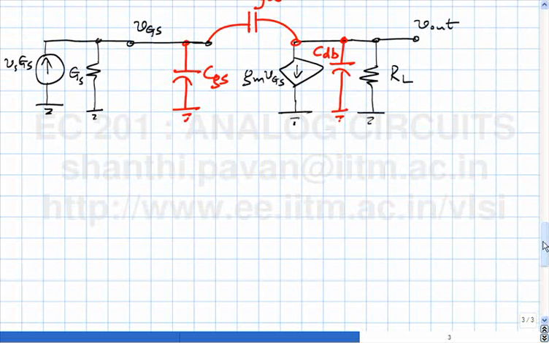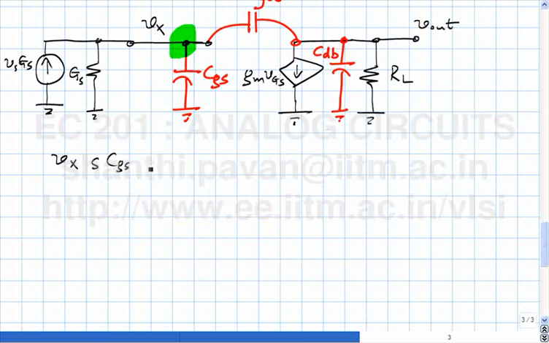We write Kirchhoff's current law at this node first. What is that giving us? In the transform domain, let me call this Vx instead of having to call it VGS so that I can avoid writing one subscript extra. So Vx times SCGS is the current flowing into CGS.